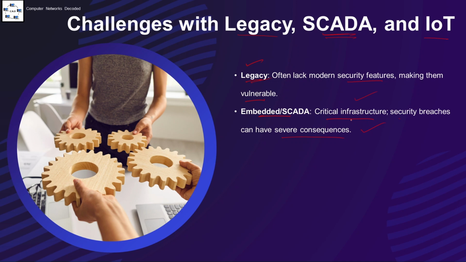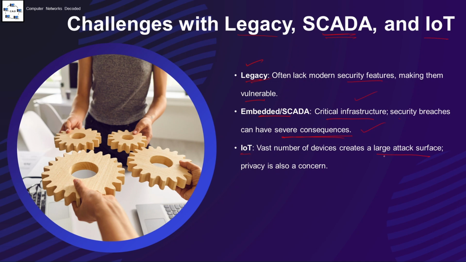Besides the physical attacks in the recent Russia-Ukraine war, the power plant infrastructure was also targeted through web attacks, cyber attacks by Russia inside Ukraine, and the power plants were disabled or shut down for multiple hours or even days.